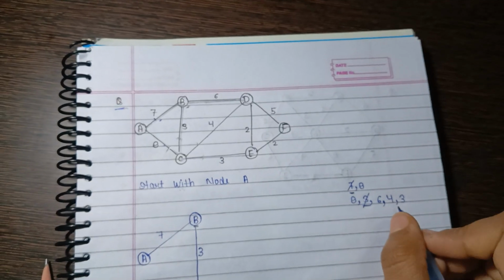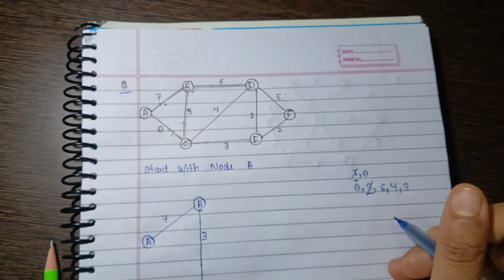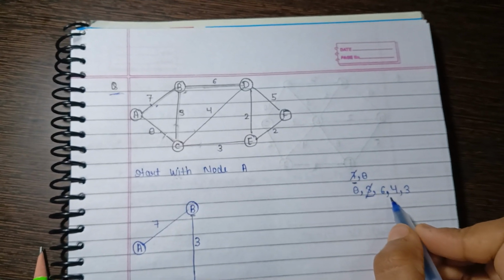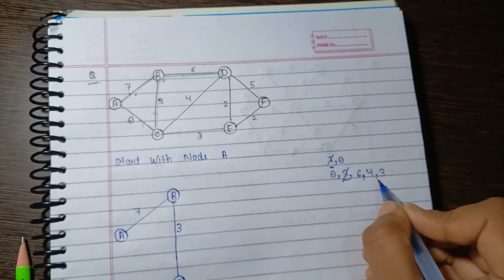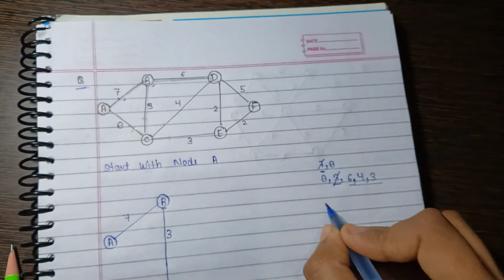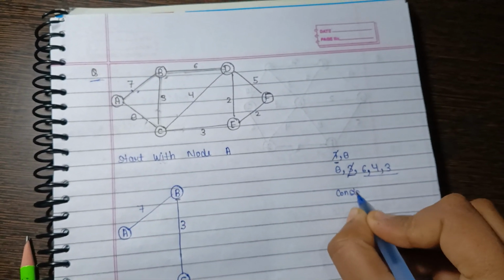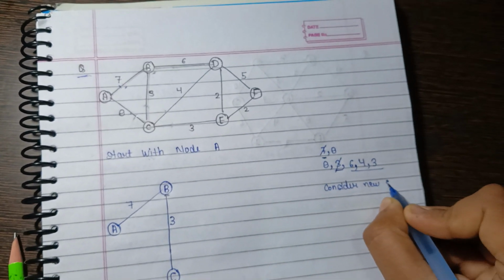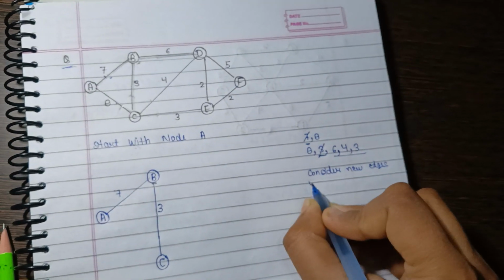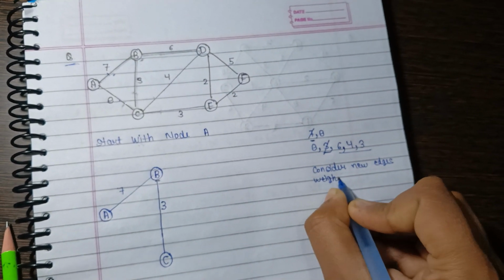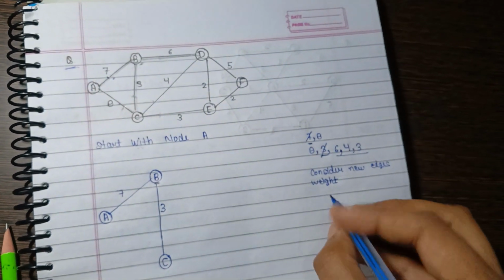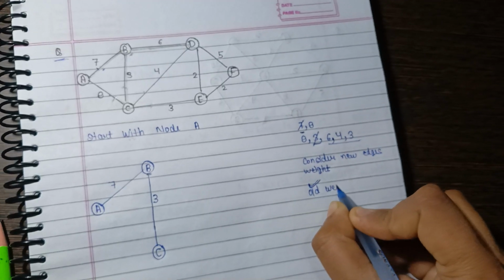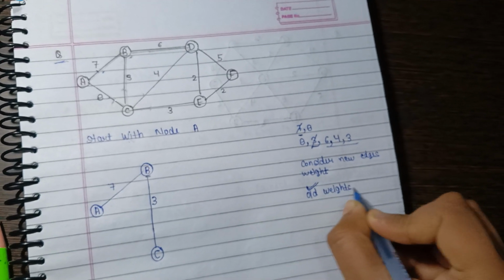Okay, now I have to mention an important point where students generally make a mistake. At this point, students consider the new edges' weight, but they forget the old weight edges.